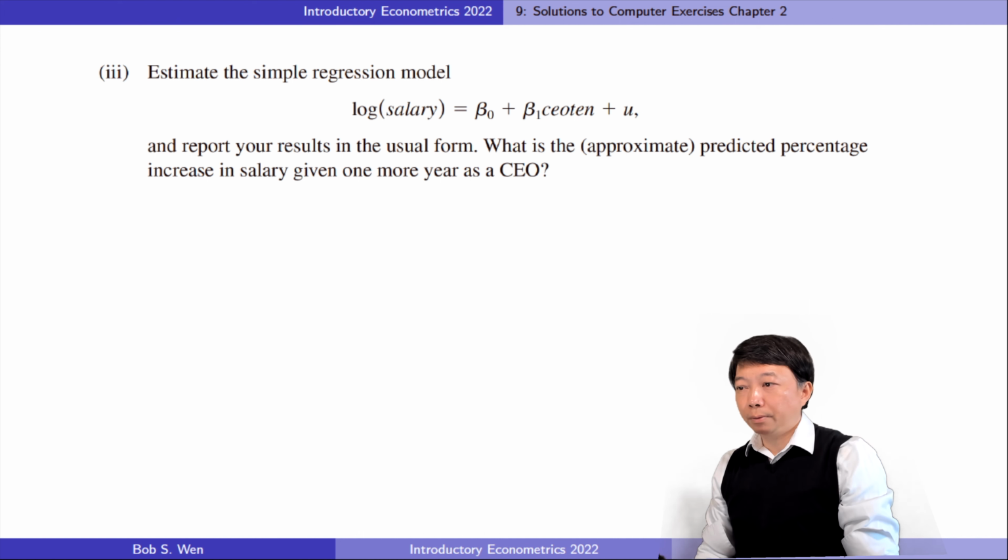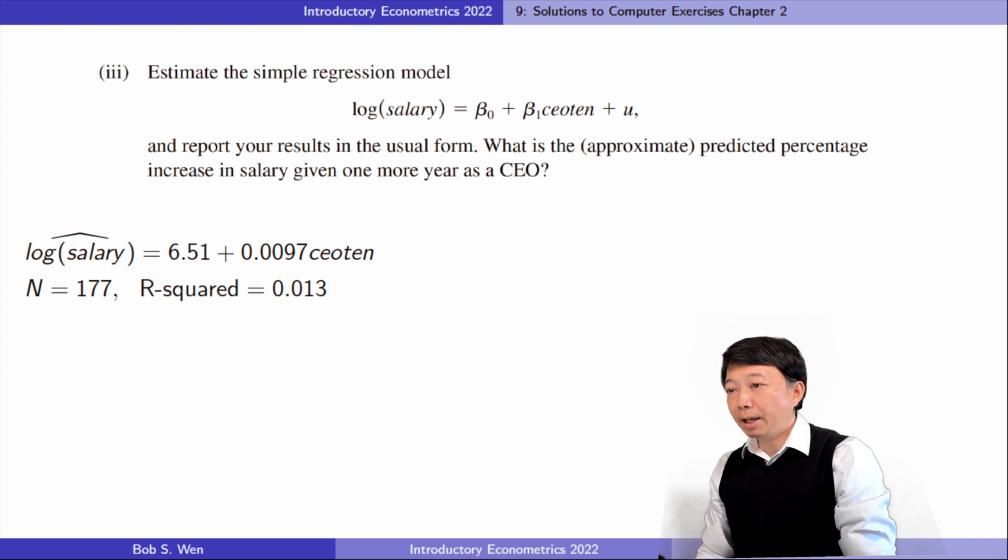For the third question, we regress the log salary on the CEO tenure. The estimated equation is log salary hat equals 6.51 plus 0.0097 times CEO tenure. 1 more year as a CEO increases the salary by 0.97% on average.